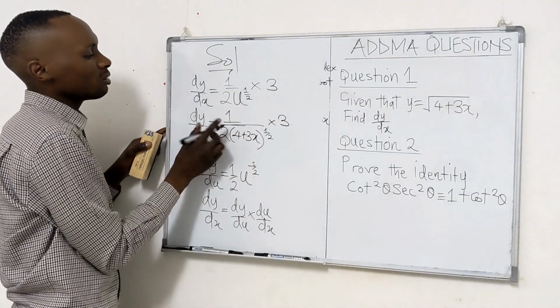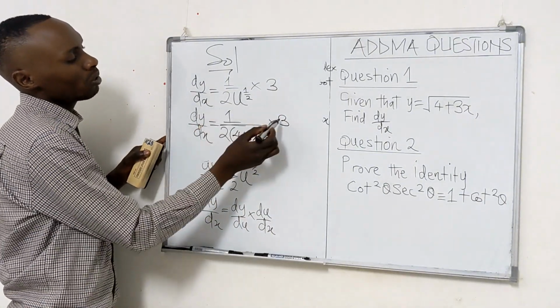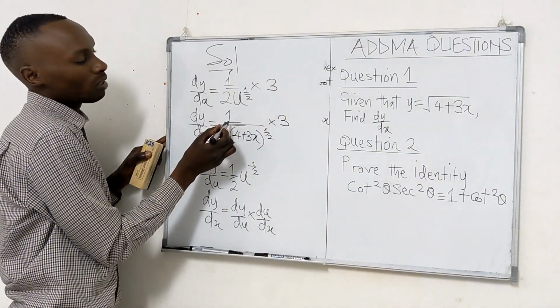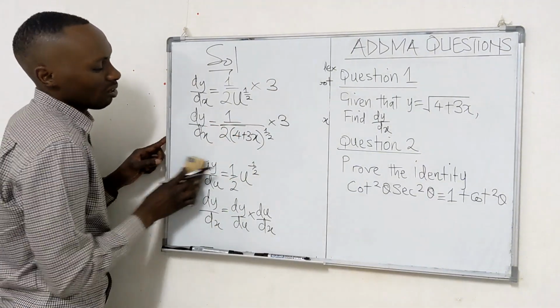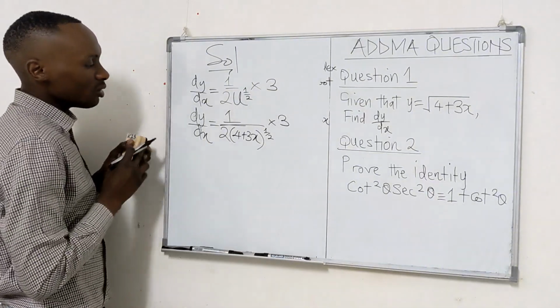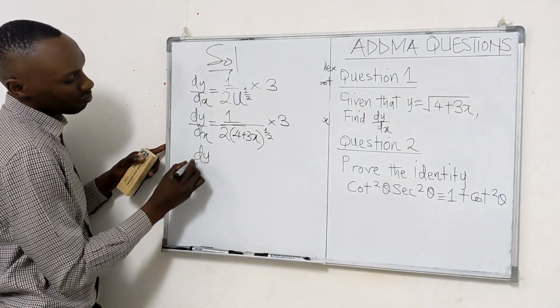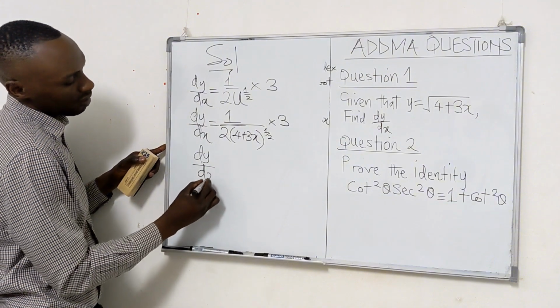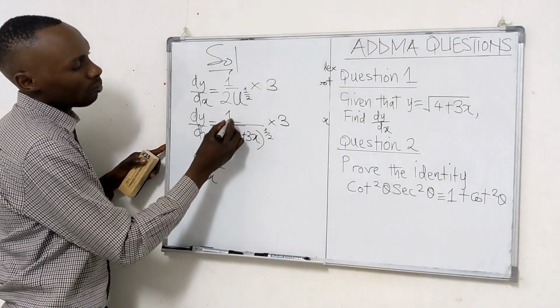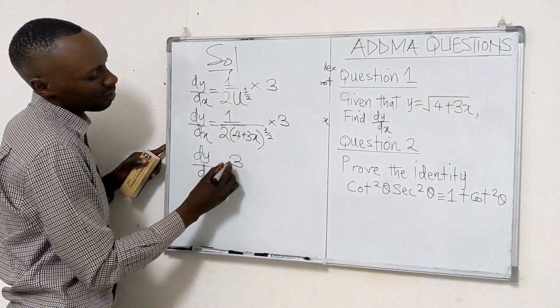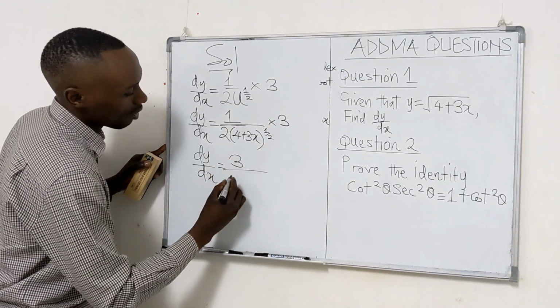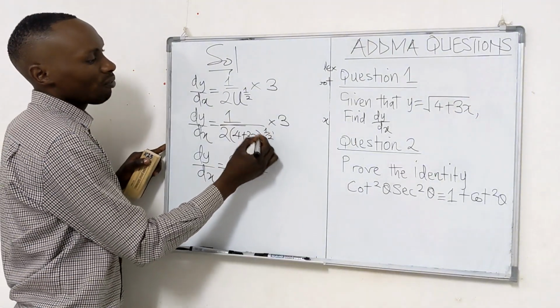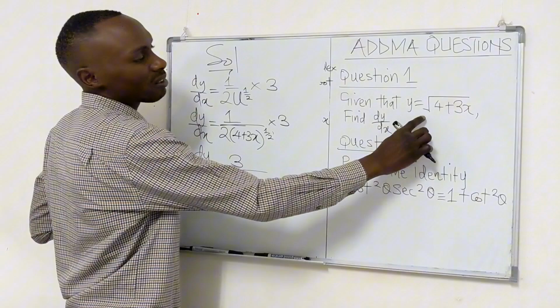Now times 3, on the next stage we're going to multiply with the 1, so this will just give us 3. So dy/dx is equal to 1 times 3, this is just 3, then over 2. Half is the same as square root.